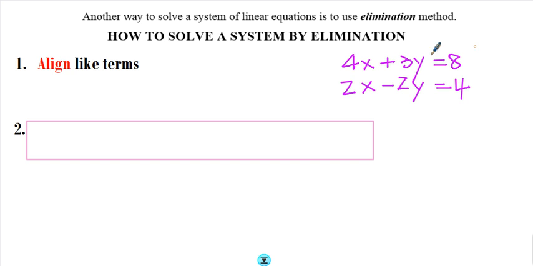This is already done because aligning like terms means if you have x here, on the bottom you should also have x. And if you have y's, then you also should have y's lined up, and then the constants lined up. That's what it means to align like terms. Terms that look similar have to be on top of each other. You have to line them up.